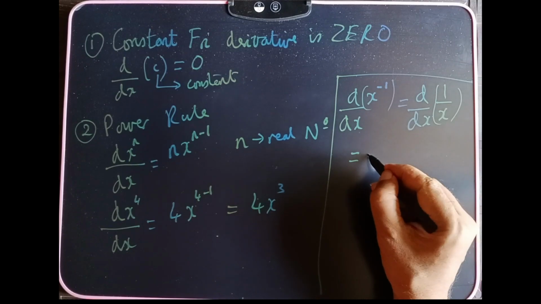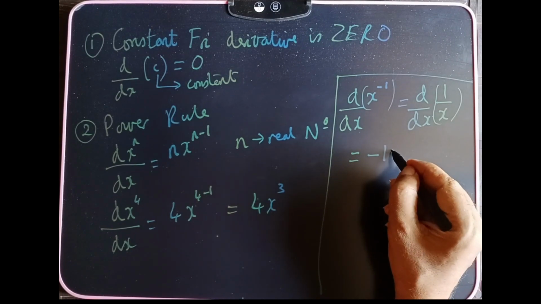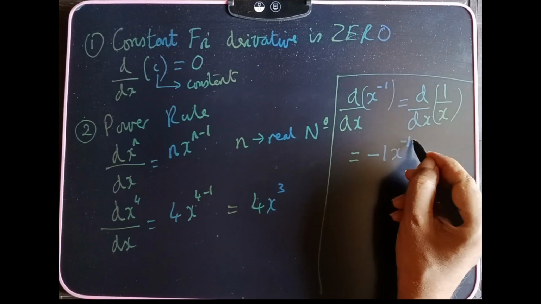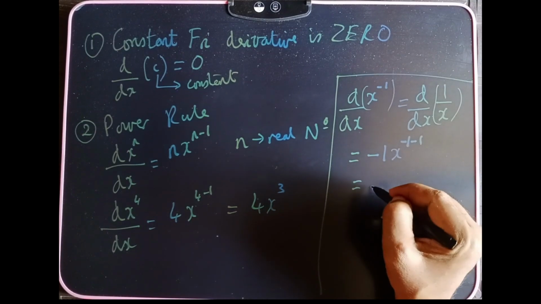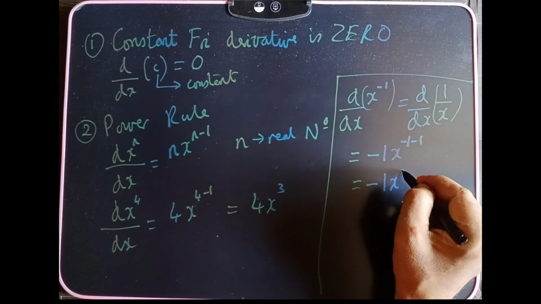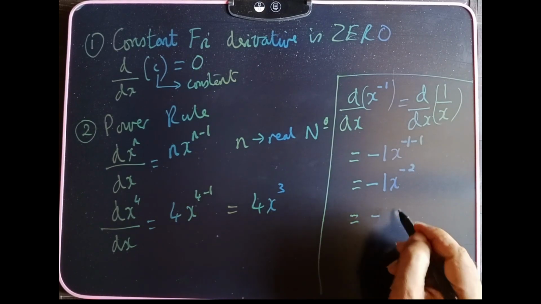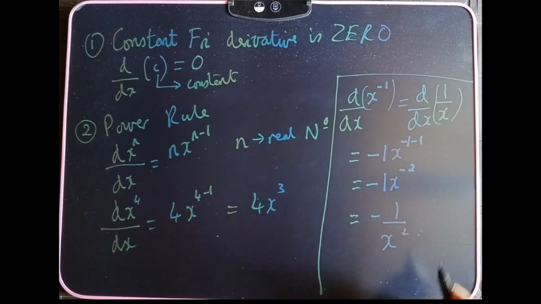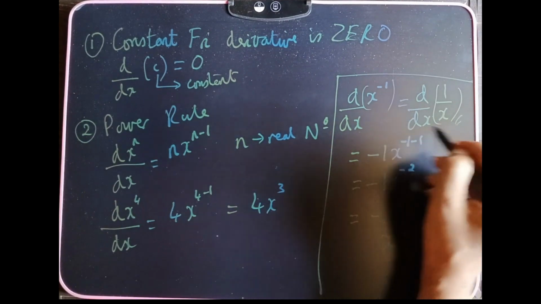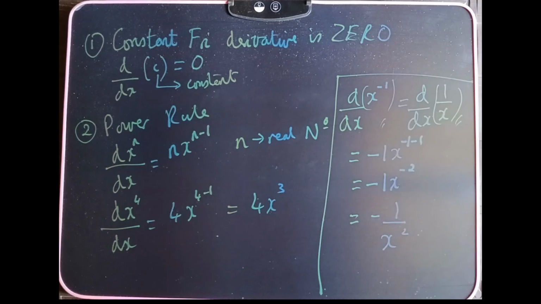It will become minus 1 times x raised to the power of minus 1 minus 1, which is x raised to the power of minus 2. So this can be written as minus 1 by x square. These are the two ways you can write it. So this was the power rule.